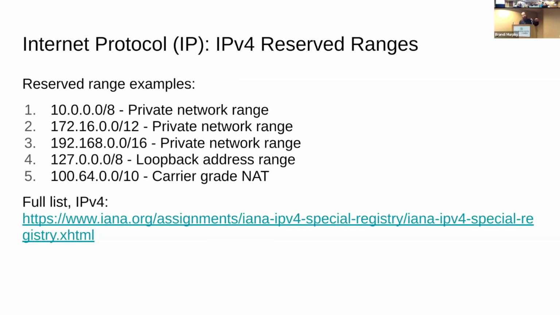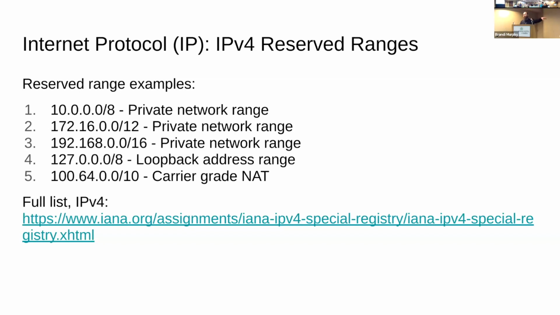But then there are also additional reserved networks for all sorts of specific purposes. One example is number 5 here. This /10 is for carrier grade NAT, network address translation. I've only seen it used a couple of times.